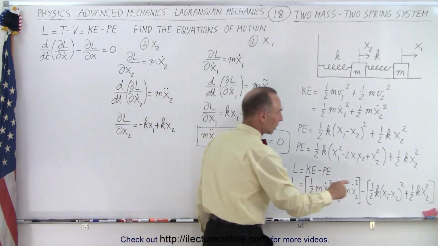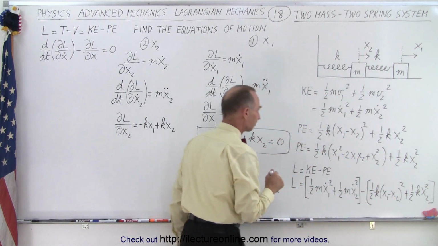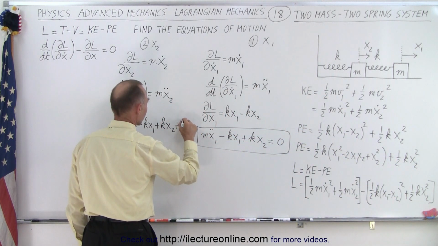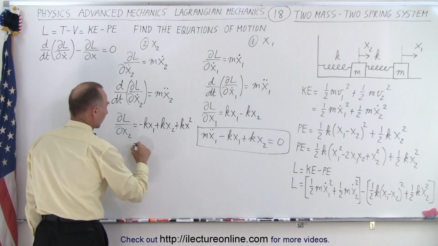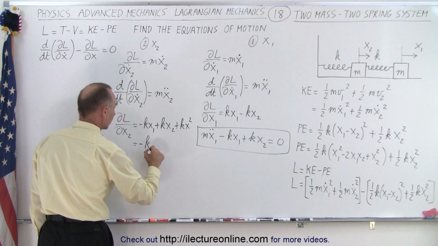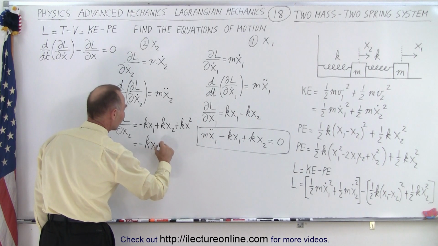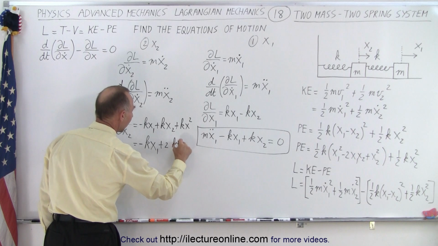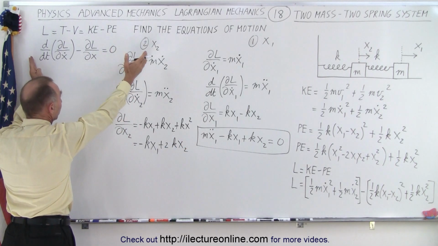And finally over here we end up with 2 times 1/2, which is 1 times k x2. And of course this can be written as minus k x1 plus 2k x2. And now we can write this expression in terms of our second variable.